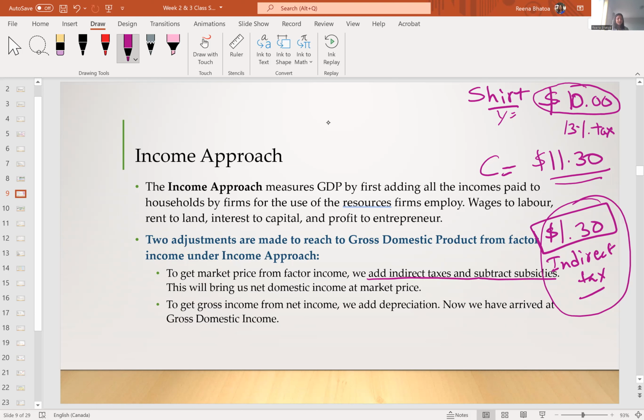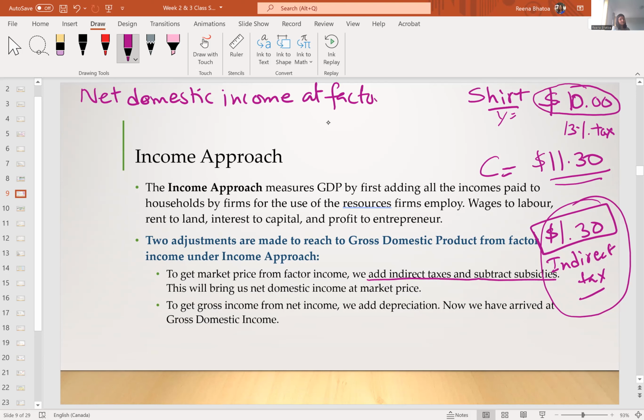What we will do is, in order to move from factor payment, I'm writing in here, net domestic income at factor payment, at factor cost, we can say. So the factor payments, which was $10, right?